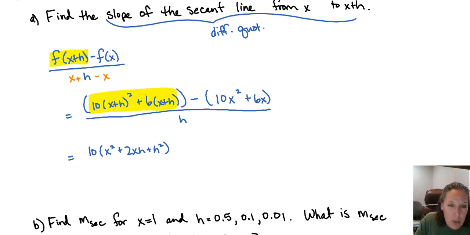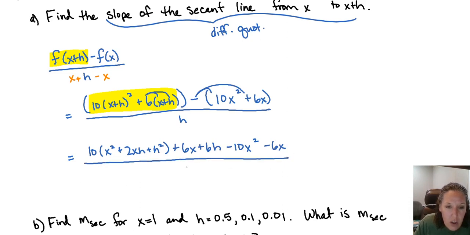I'm going to go ahead and distribute the 6 on this second term, so we'll get plus 6x plus 6h, and then distribute the negative on the parentheses at the end, so minus 10x squared minus 6x all over h. And we can start combining like terms. We've got a positive 6x and a negative 6x.